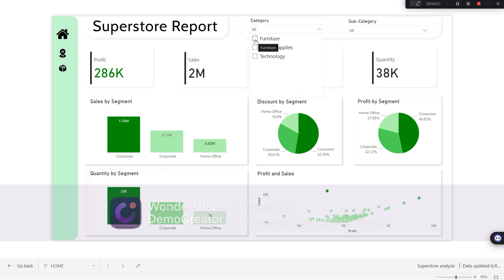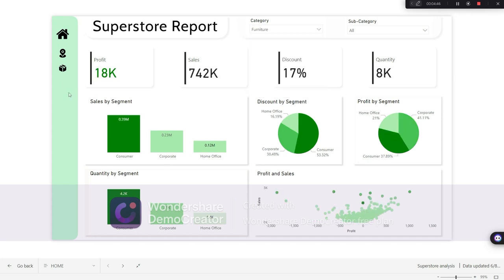In the filter we select the furniture category. It is about 18k profit. We do 742k sales, and we give an average discount of 17%, and the quantity we sold is 8k.